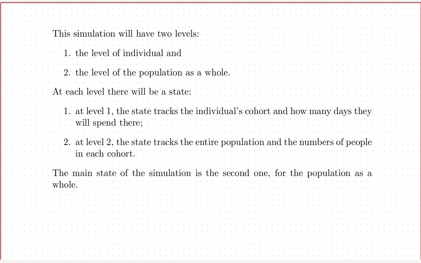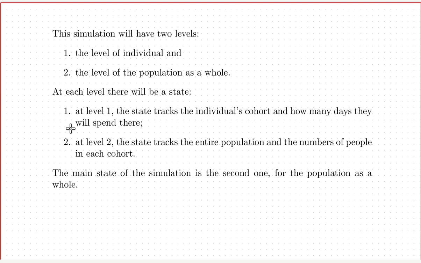For an individual person, we have to simulate them being healthy and then possibly becoming infected, then cycling through the different stages of the illness, from latent to infectious to ill to immune. And we have to keep track of each individual within the population as a whole. So there are two simulations going on at different scales.